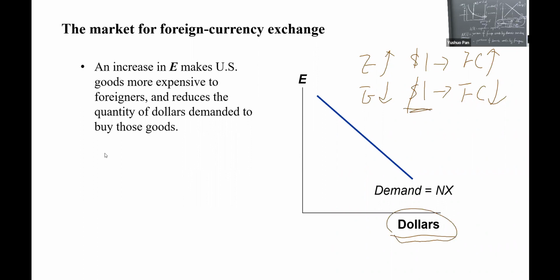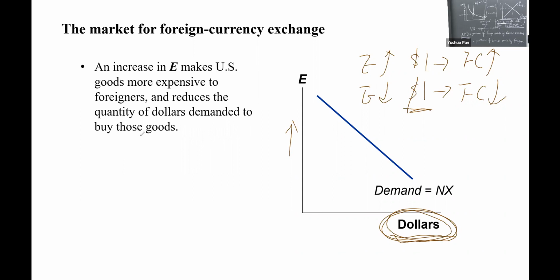So the horizontal line is dollars because we talk about dollars in this chapter. If E goes up, it means appreciation of dollars. If E goes down, it means depreciation of dollars. If I increase E, which means appreciation of dollars, the value of dollars increases. That makes US goods more expensive to foreigners, and that will reduce the quantity of dollars demanded to buy those goods.